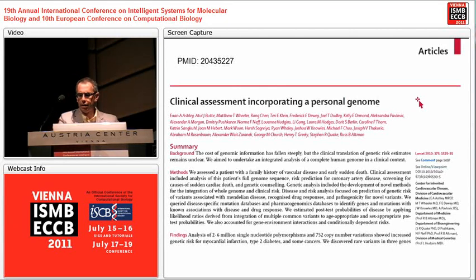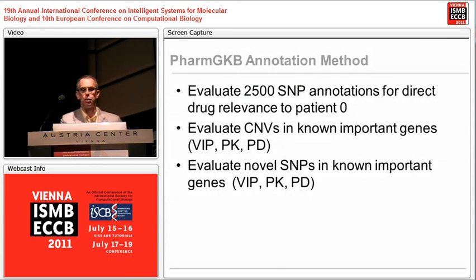So last year, we published this clinical assessment of his genome. We broke it into 3 teams. One team did Mendelian disease risk. Another team did common disease risk. That was led by Atul Butte and Euan Ashley. But my team did the drug response, and that's really what I'm going to focus on. We looked at about 2,500 common, known SNP variants.